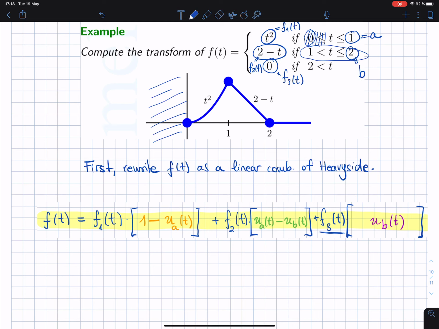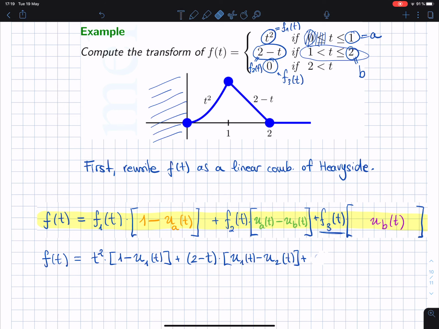So, in particular, our f(t) function can be written as: f1 is t squared times 1 minus u_a, but a is 1, plus f2, which is 2 minus t, times u_a, a is 1, minus u_b, b is 2, plus f3, but f3 is 0, so that would be 0 times whatever, which is going to be 0.